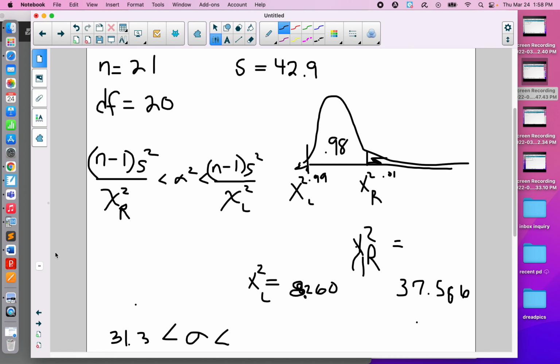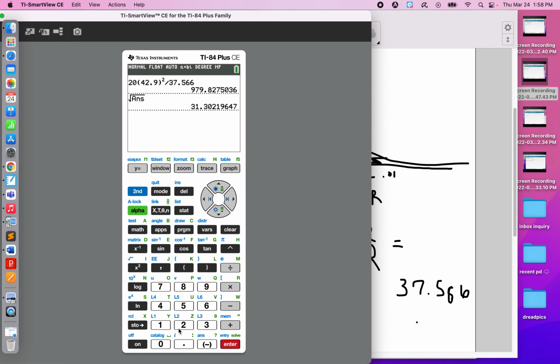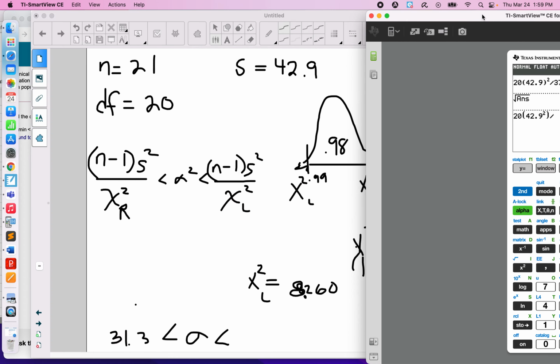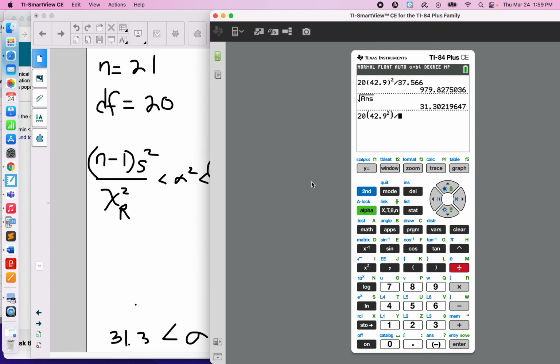And then we come over to this side and we do this again. So we have 20 times 42.9 squared. But this time we're going to be dividing by 8.260. And that gives us a large number, 4,456.